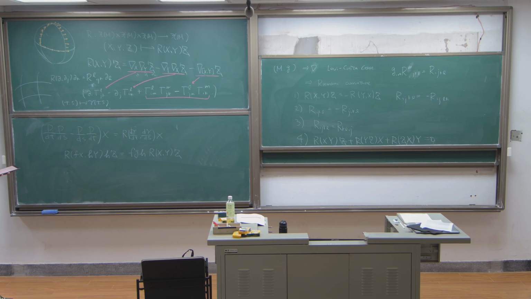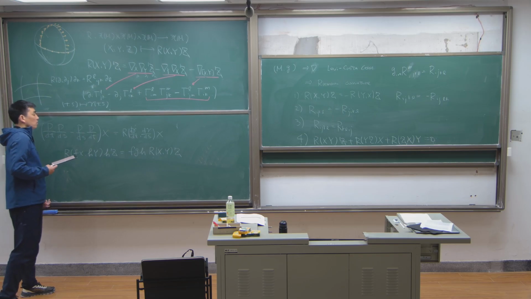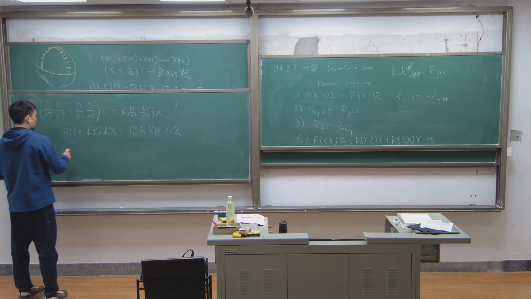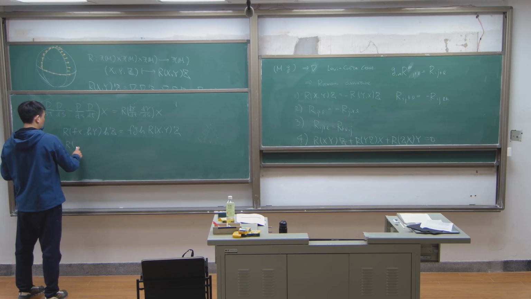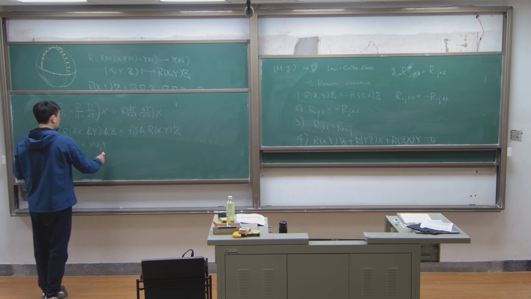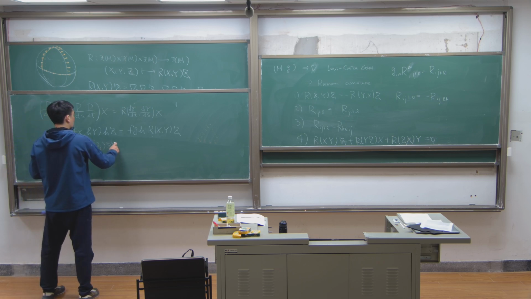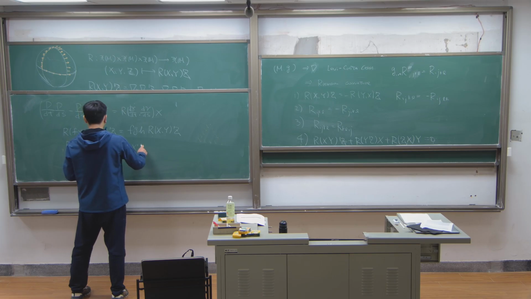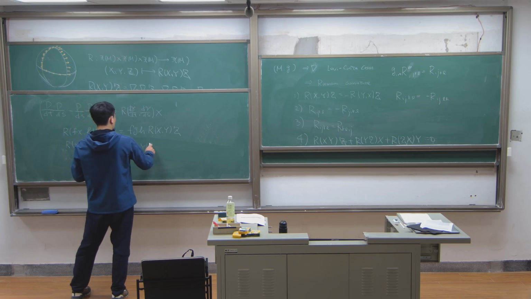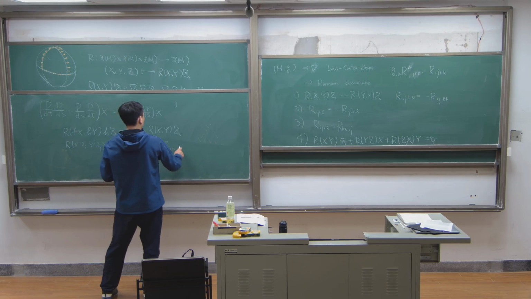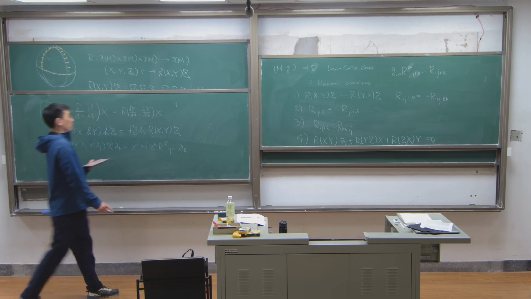So therefore R Y J del J del K VK. So you come like this.